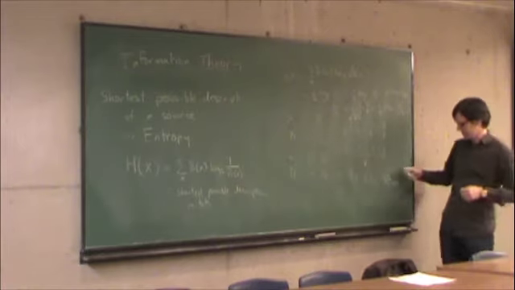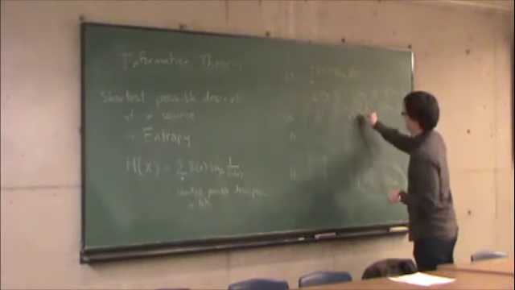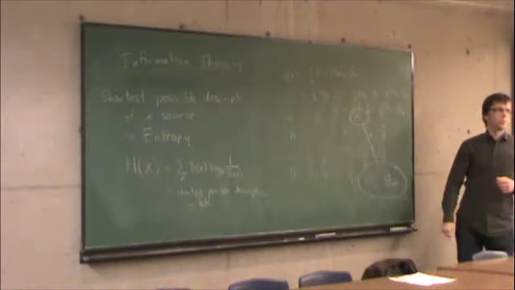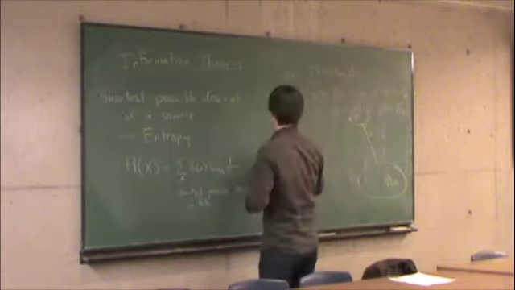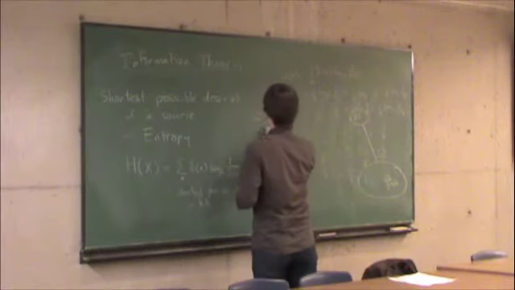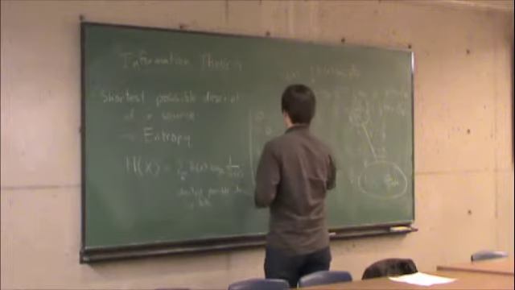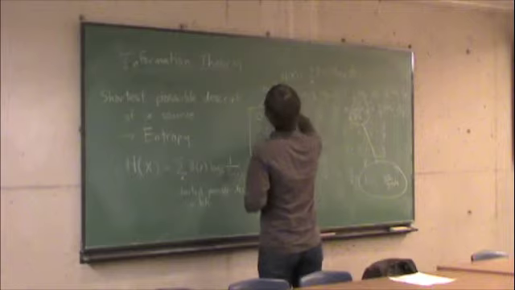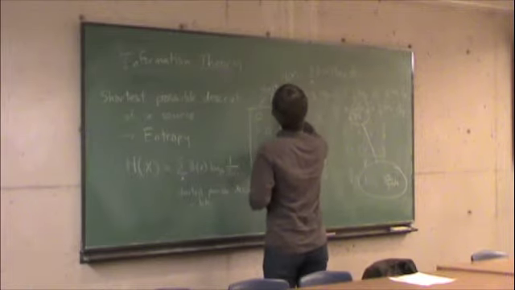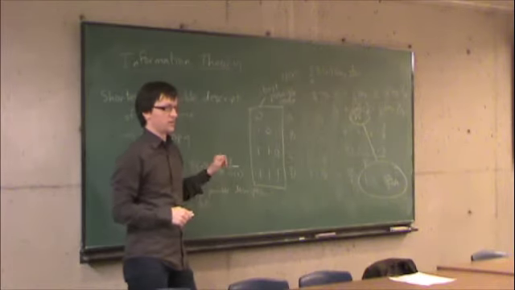So in other words, I have a code that achieves that. The entropy is 1.5. So therefore, this is the best possible code. You cannot compress any more than that and not lose information.